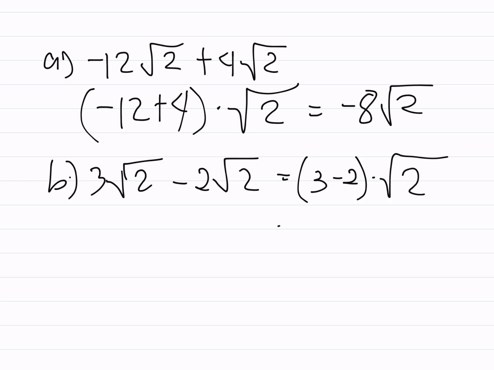So we have 3 minus 2 is 1 times square root of 2 is square root of 2. Remember that 1 is an invisible number.